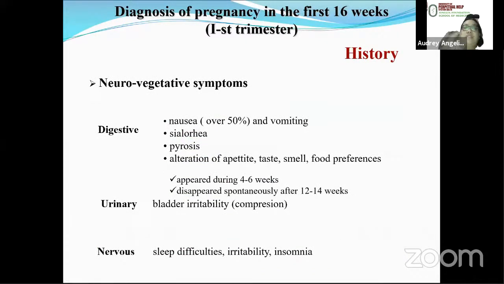Okay, so history: first trimester, second trimester, and third trimester. You have seen in the video that there are different problems depending on the trimester. If it's first trimester, what would be the primary problem? It's already there.